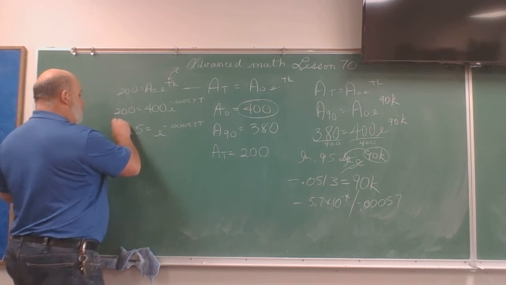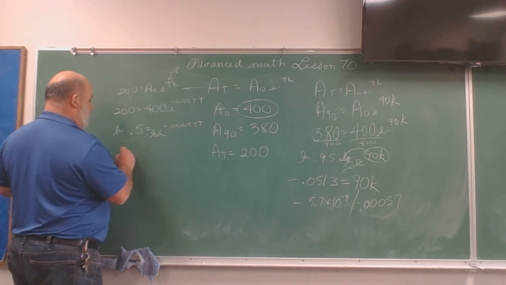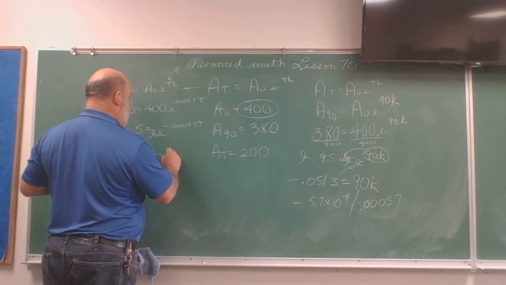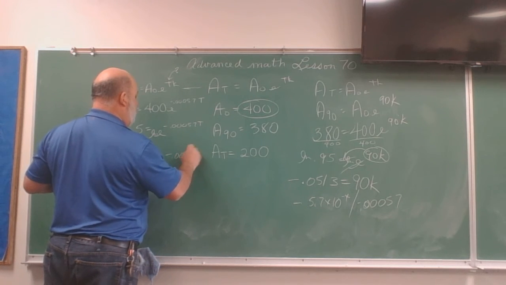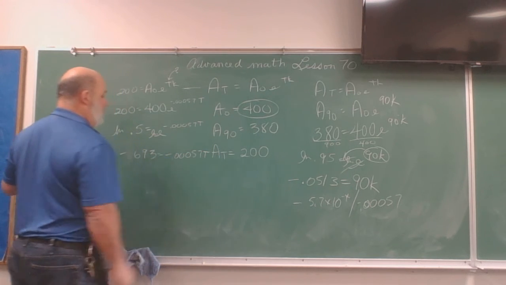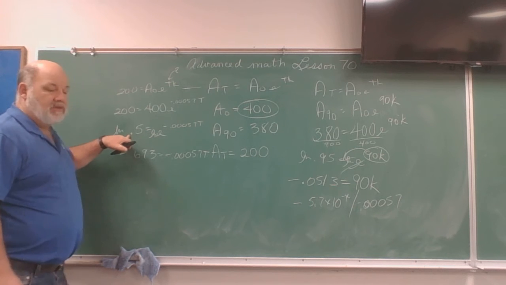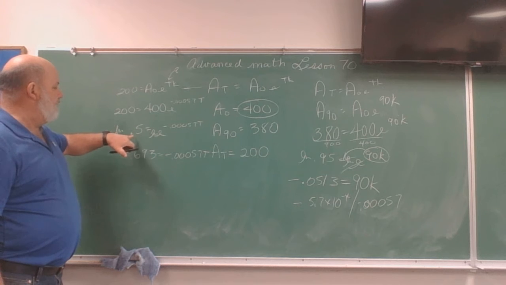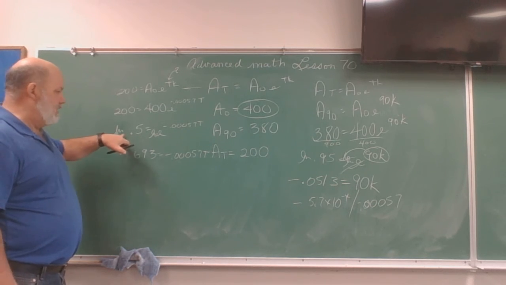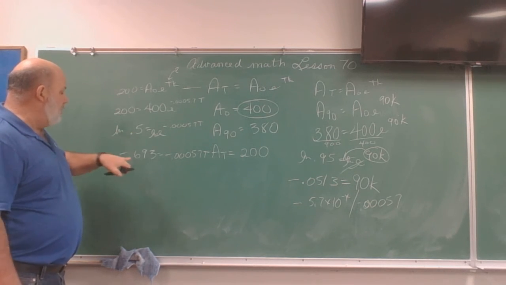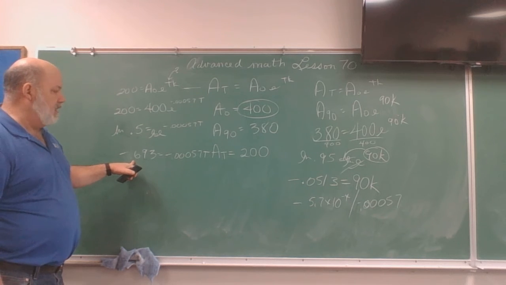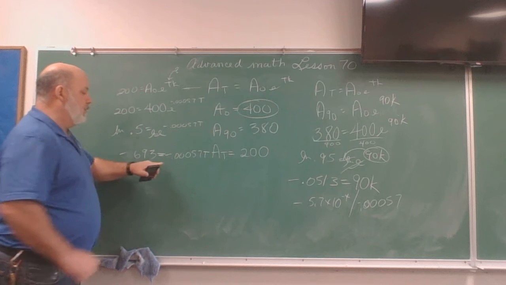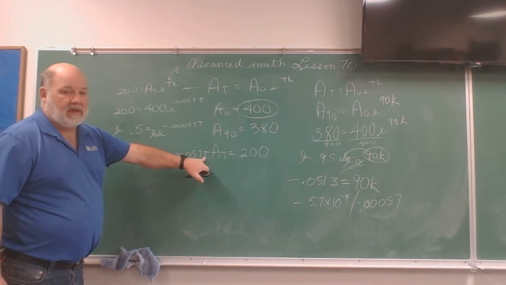We take the natural logarithm of both sides. We get negative 0.693 equals negative 0.00057 t. By the way, in these problems, whenever you take half-life, because you're always doing half of it and you always get 0.5 here and you always take the natural logarithm of it, it's always negative 0.693 equals your k times your t.